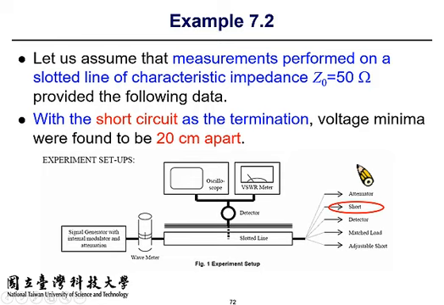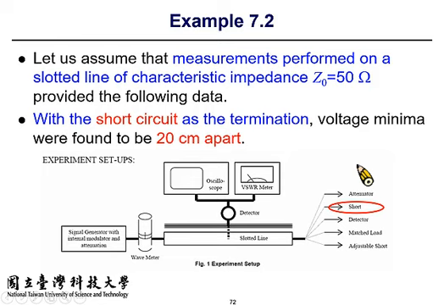The first step is to terminate the waveguide with a short circuit. You may wonder why we use a short circuit. What happens if we have a short circuit termination? Well, it will generate a complete standing wave pattern on the line. So you should be able to observe zero voltage at certain positions on the waveguide.